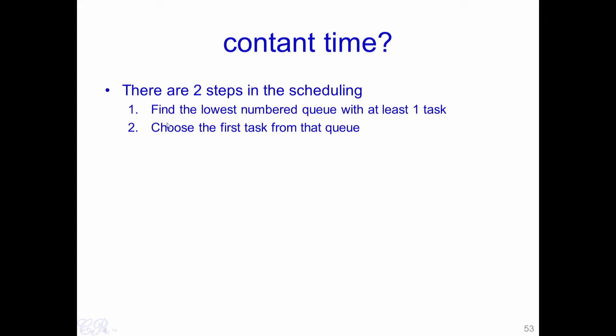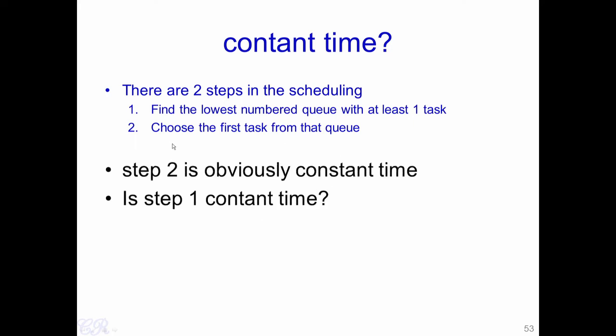First is to find the lowest numbered queue with at least one task present in the corresponding ready queue. Second, choose the first task from that ready queue. Now, how are these two things constant time? It is quite obvious that the second step is constant time. Essentially, we are choosing from the head of the queue, and that is obviously done in a fixed amount of time irrespective of the number of processes.